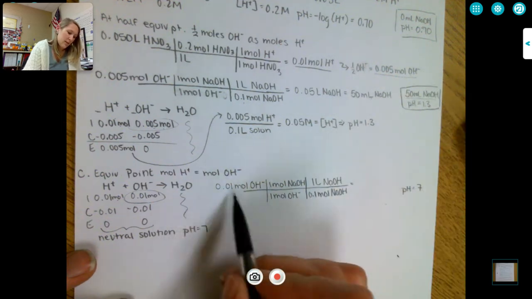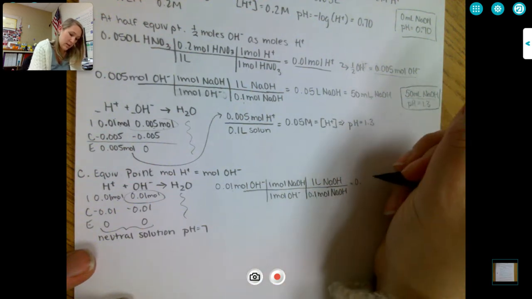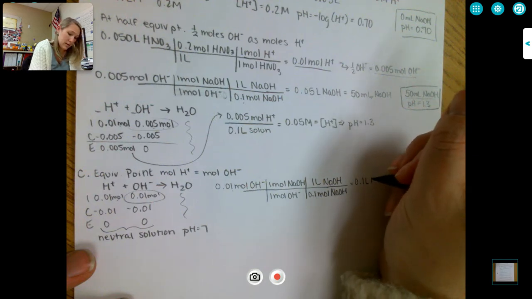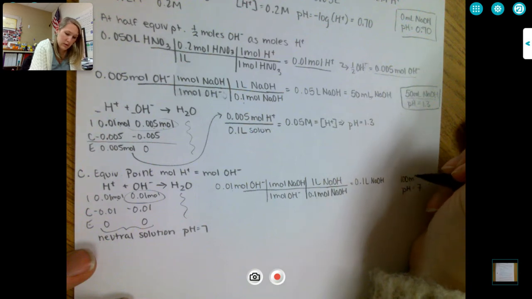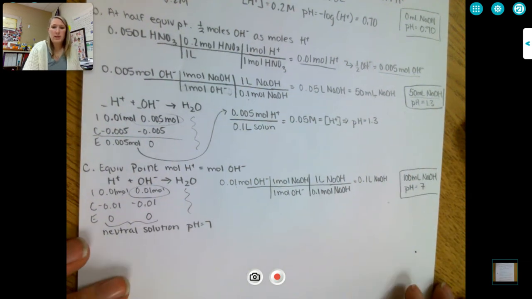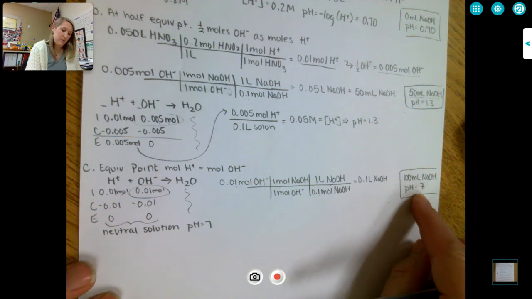And when I do that math, 0.01 divided by 0.1 is 0.1 liters NaOH, which is 100 milliliters NaOH. So I've got my third point, my equivalence point, 100 mils of sodium hydroxide, my pH of 7.